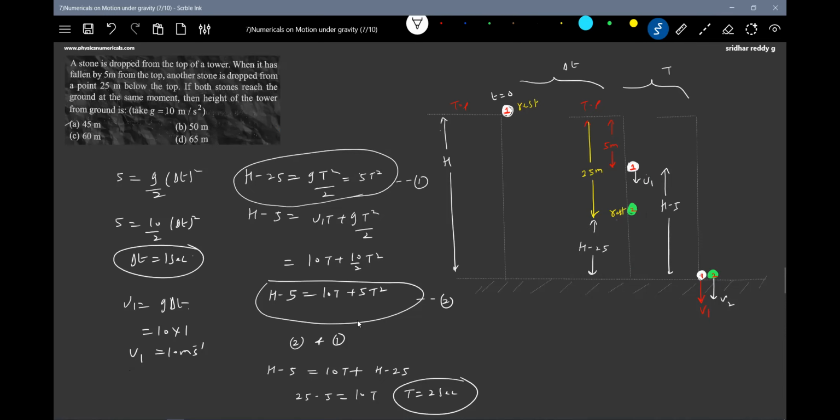Once you know T, then you can find the H value. This is equation 3. Put 3 in 2. H minus 25 equals 5T square, H minus 25 equals 5 into 2 square. H equals 45 meters.